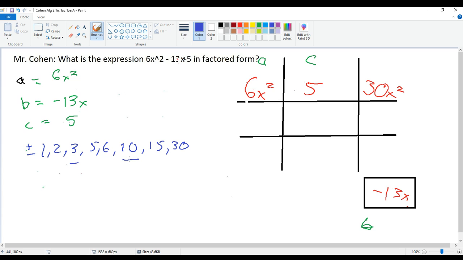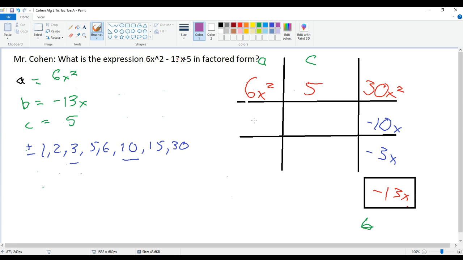So if I use negative 3 and negative 10, on the right side of my tic-tac-toe box, I'm going to have negative 10x minus 3x equals negative 13x. And two negatives multiplied together make a positive, and I'm able to add those together as negative 13x and multiply those together as 30x squared. You'll see the beauty of the tic-tac-toe in just a minute.